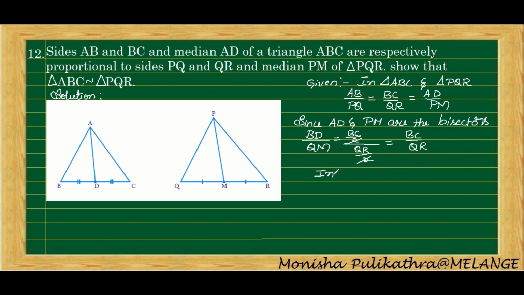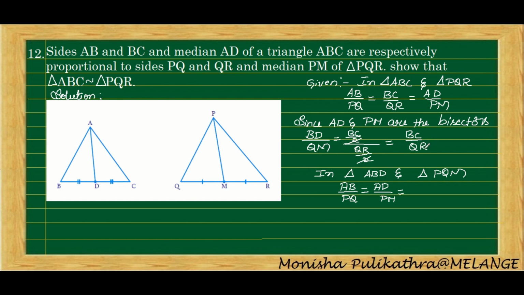So next we need to compare these two half triangles, that is triangle ABD and triangle PQM. In these two triangles, what are the same here? Already they have given AB by PQ is equal to AD by PM, in the data. So what have we proved now?